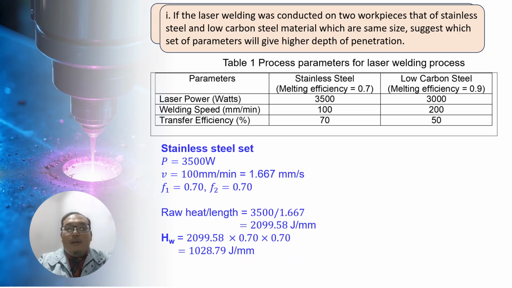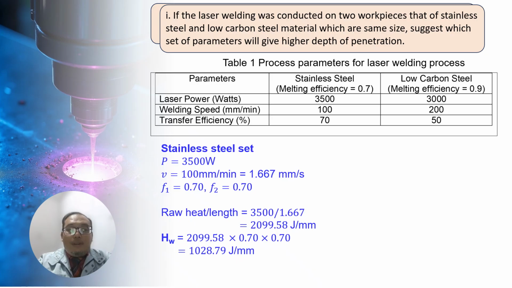The F1, the transfer efficiency in the table, is 70%, which is 0.7, and the melting efficiency is 0.7. First, we need to understand the value of P over V, the raw heat divided by length. So 3500 divided by 1.667 equals 2099.58 joule per mm.